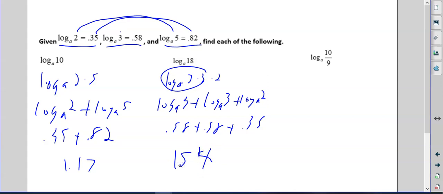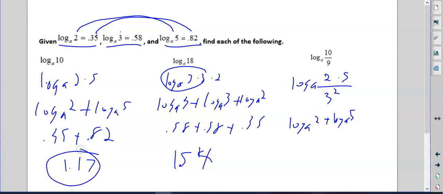All right? And last but not least, 10 divided by 9. So that's going to be log a of 2 times 5, like we already did before, which we already know what that is, divided by 3 squared. So that's going to give us log a of 2 plus log a of 5, which we already know what that is, minus log a of 3 squared.